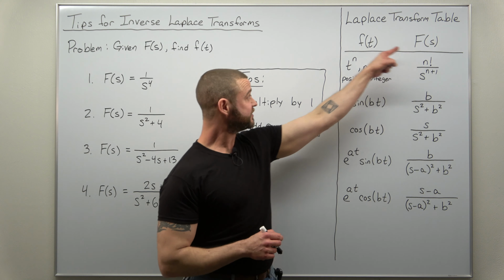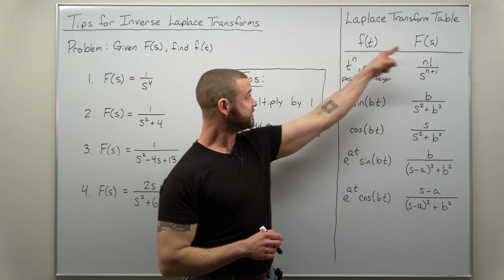So we're going to take a look at 4 examples to illustrate how we multiply by 1 and how we add 0. The first two are rather simple. The second two require a little bit of work, but we'll point that out momentarily.